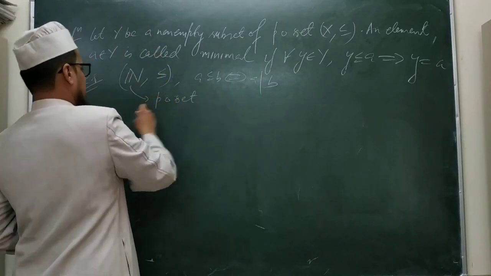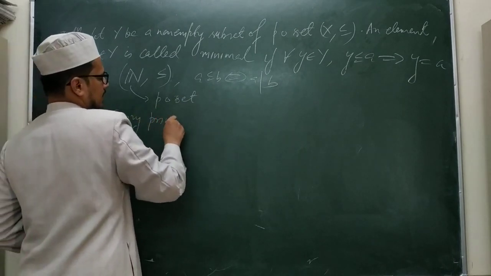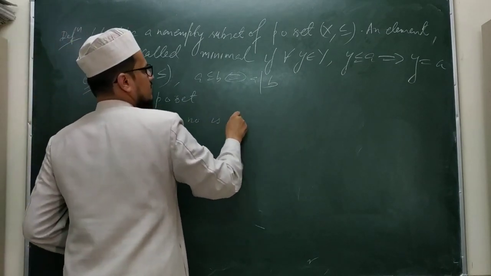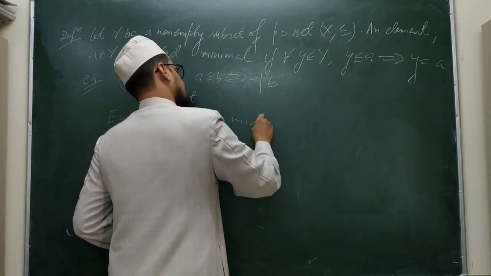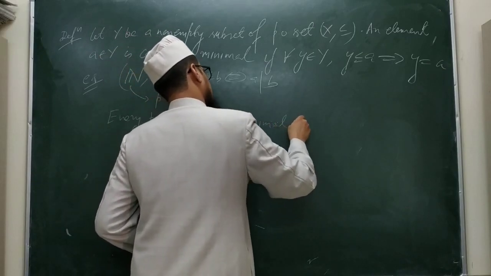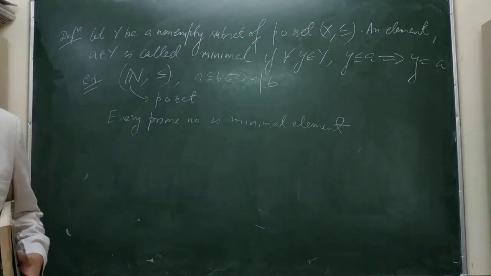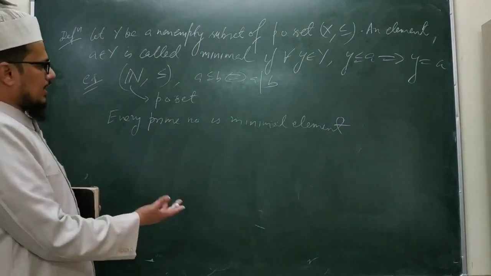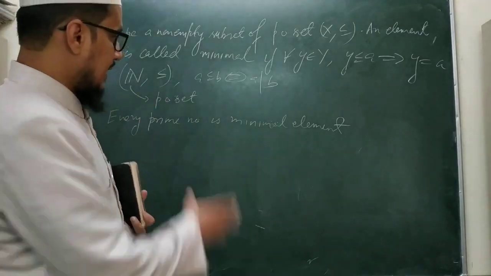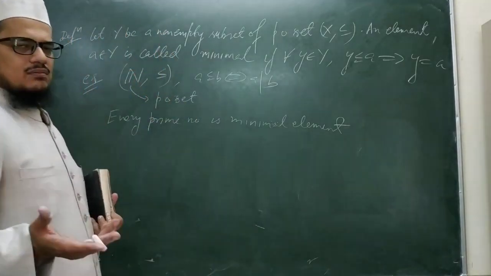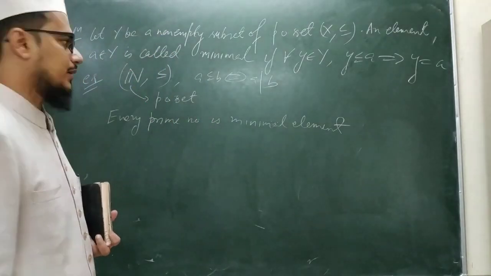All of you can verify that every prime number is a minimal element. You take any subset of natural numbers, and the operation is the same, a less than or equal to b if and only if a divides b. Then all of you can verify that every prime number is a minimal element. This is the example of minimal element.